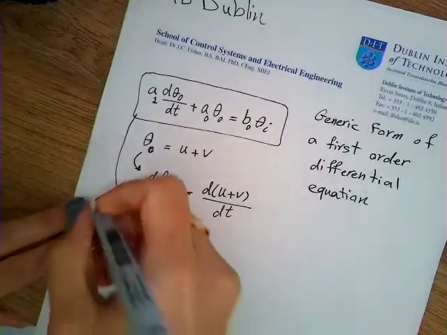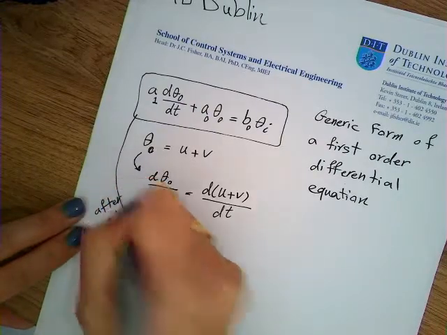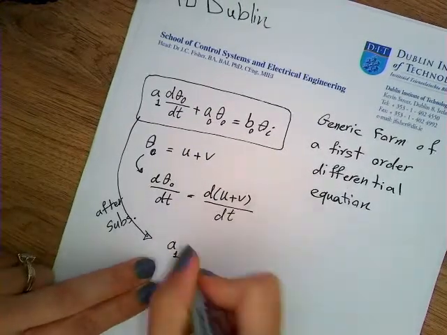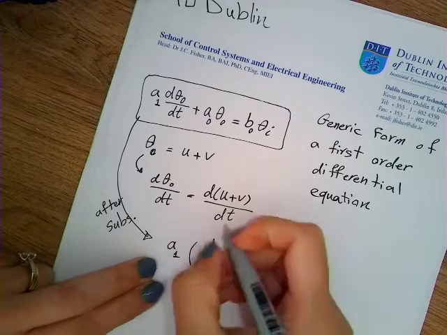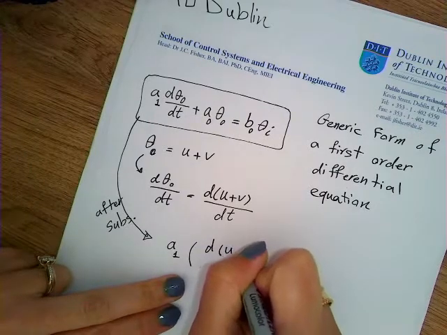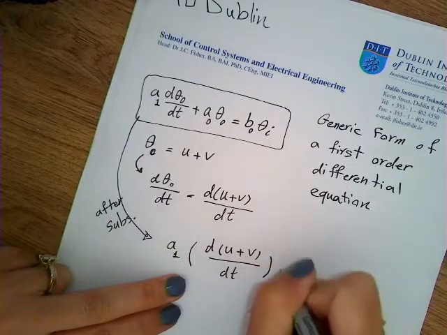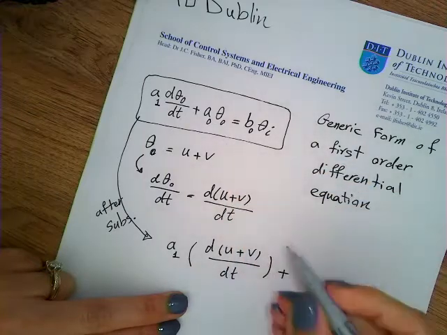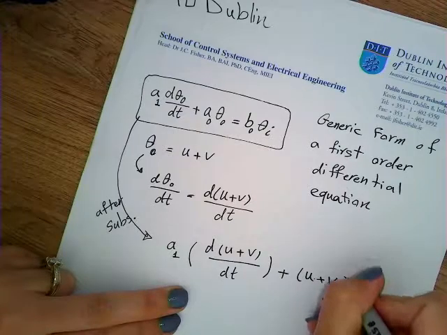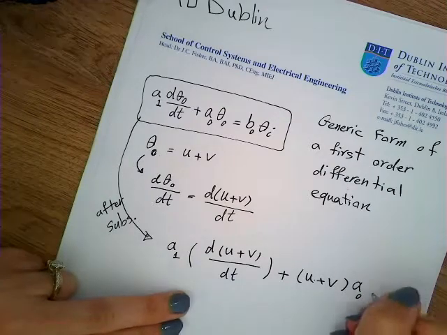After that substitution, I have A1, and instead of d theta O over dt, I'm writing d of u plus v over dt, and instead of my theta O, I'm writing u plus v, and it has A0 and then the other side.